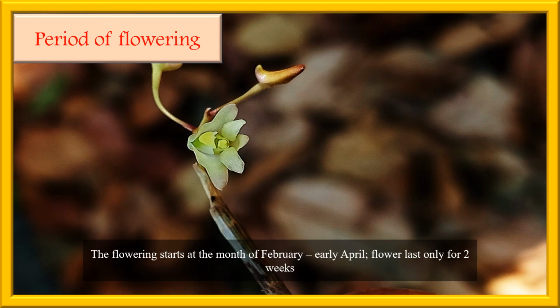As I told you earlier, the flowering starts in early February and continues to early April, and the flower lasts only 2 to 3 weeks. You will not see the flowering for more than that.